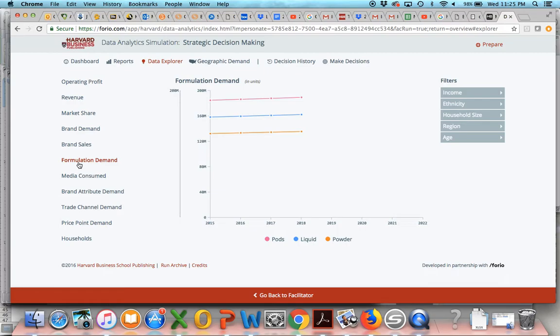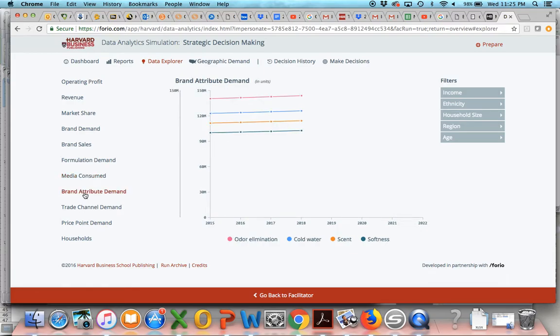Formulation, now we're getting into some of the things you will be using to make a decision. So formulation demand, basically, how are you selling your product? Is it a pod? Is it a liquid? Is it a powder? That's something that you are going to be deciding on. Media, basically the channels that you can market through.